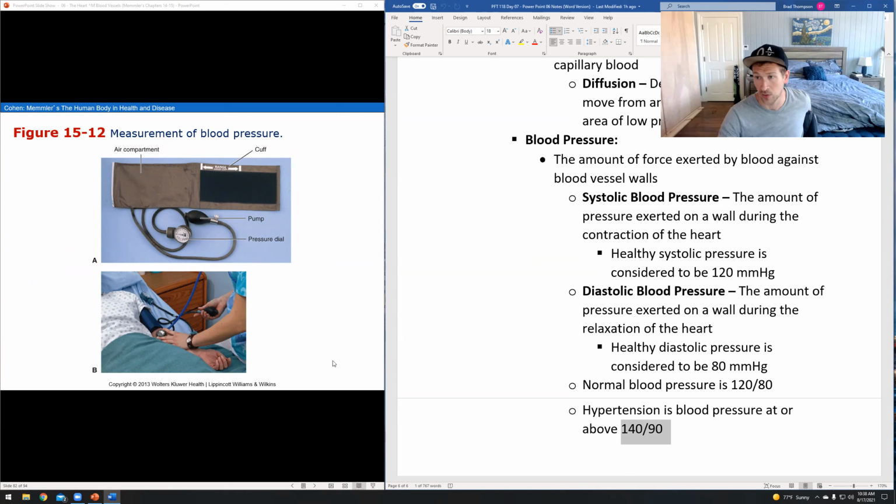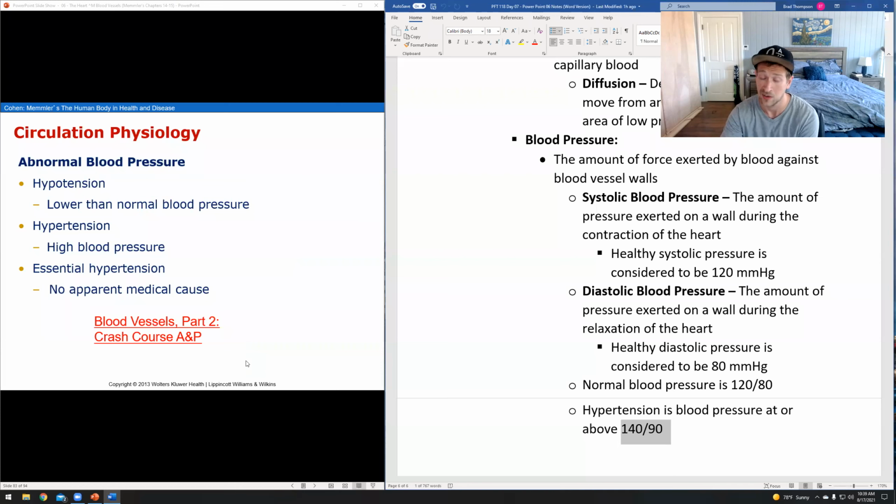That means that you are not so good at moving blood around. When I talked about exercising, that constricts the blood vessels to my digestive system and dilates the blood vessels to my muscles. If I'm not good at changing that pressure, if I'm not good at that dilation or that constriction, I'm not going to be very good at moving blood around, which means blood might start pooling in one part of the body or another.